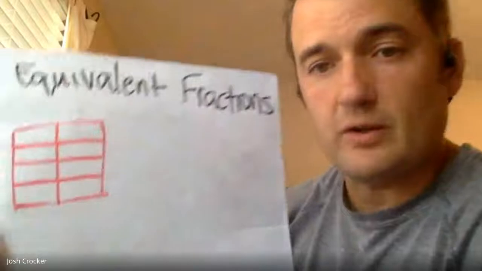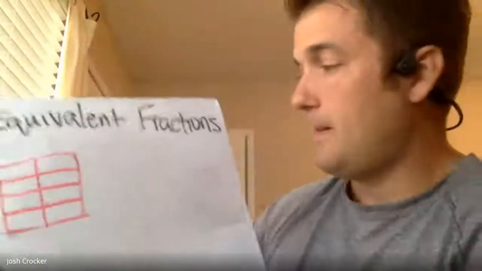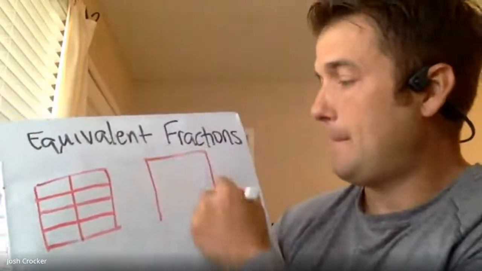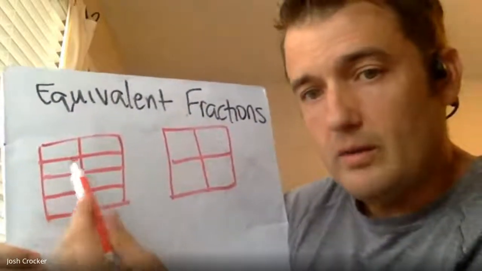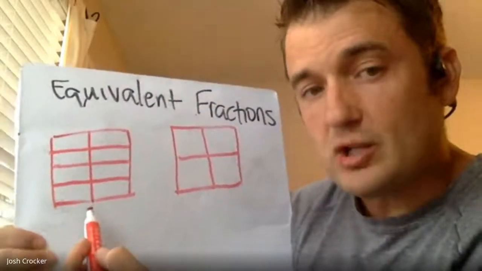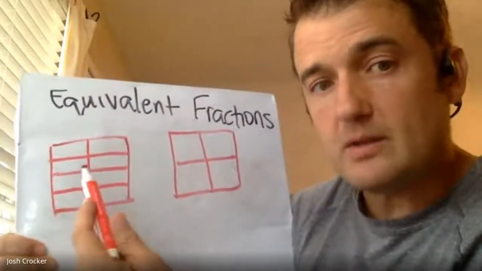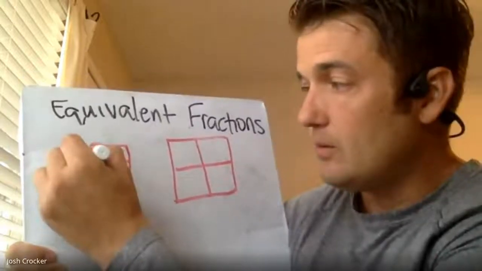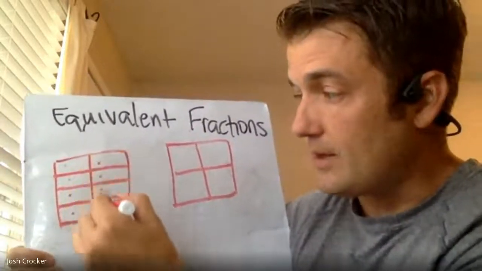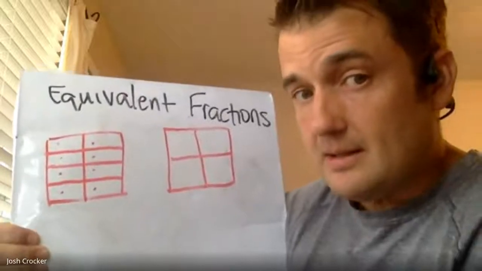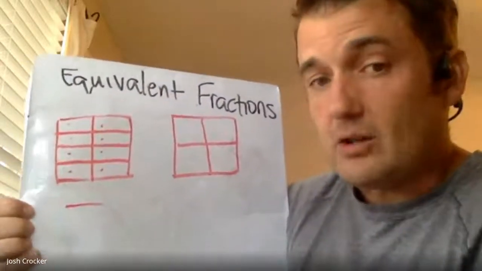Okay, so first of all, what fraction would describe this rectangle? Well, we would count the pieces, right? 1, 2, 3, 4, 5, 6, 7, 8. There are 8 pieces, and that is our denominator.